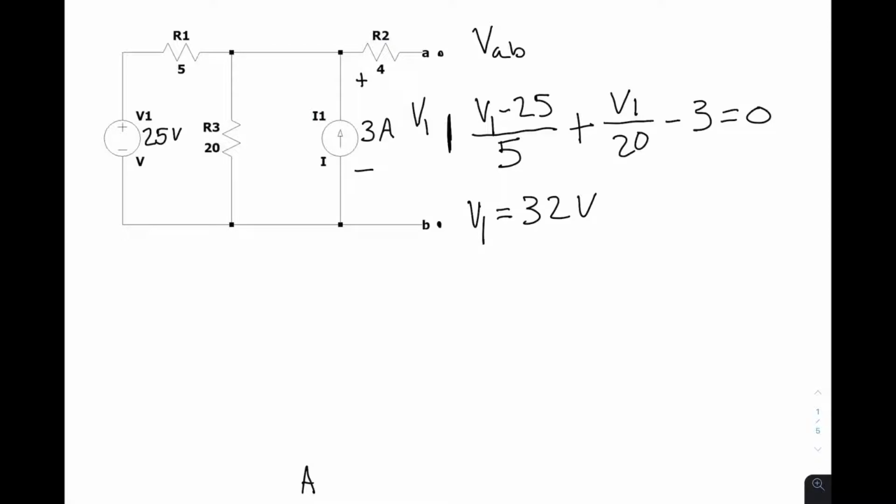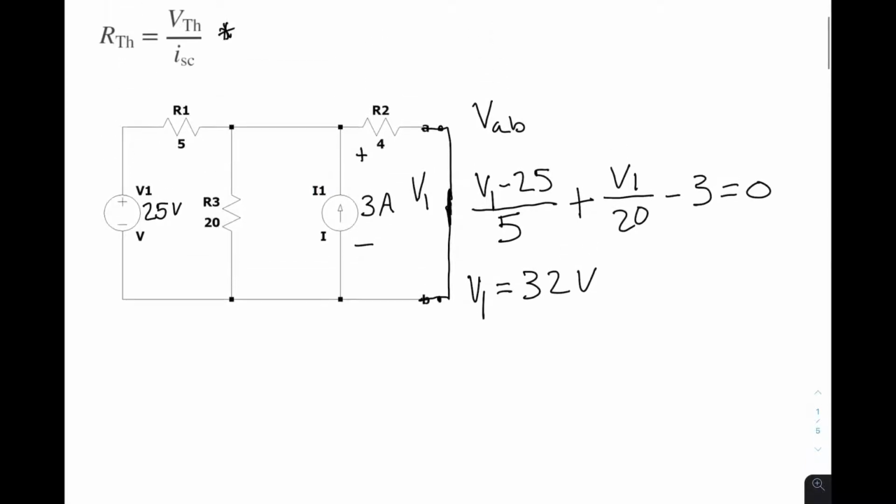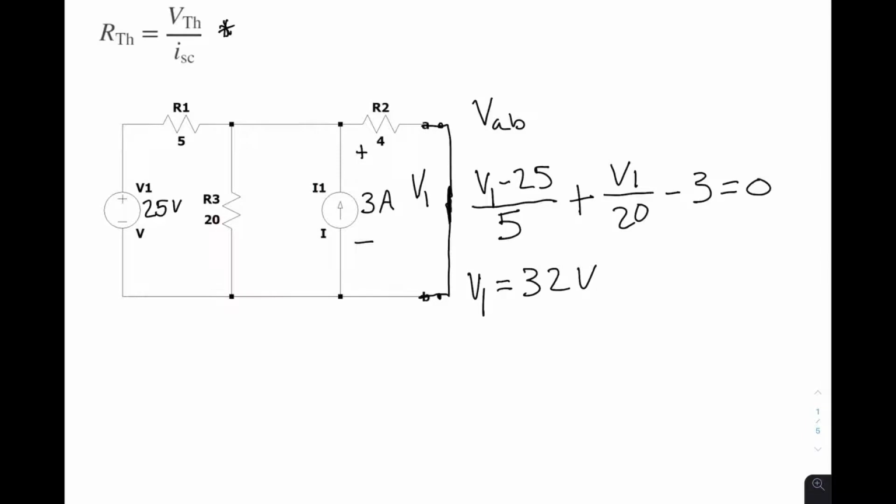So the next step is you're going to place a short circuit across the terminals A and B and calculate the resulting short circuit current. So we're going to solve for a new voltage, and we're going to call this V2. I'm just going to put a plus and minus right here. We'll call this V2, okay? And we'll have ISC, which is the current of our short circuit right here.